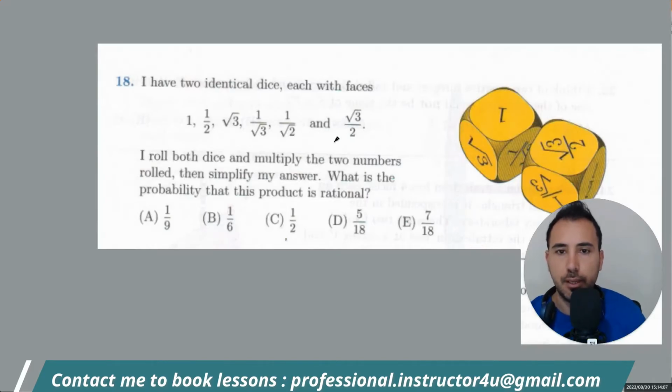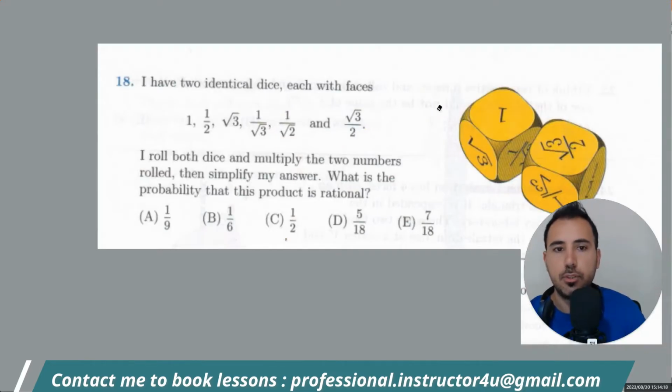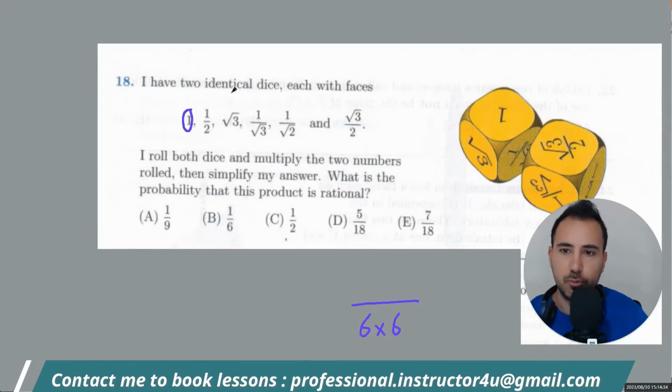So for example, what if I multiply these two together? I'm going to get square root of 3 over 2 times the square root of 2. Definitely irrational. Now let's go and answer the question. The total possibilities is 6 times 6, which is going to be 36. Now, pay attention: if we multiply 1 times 1, rational. 1 over 2 multiplied by 1 over 2, rational.